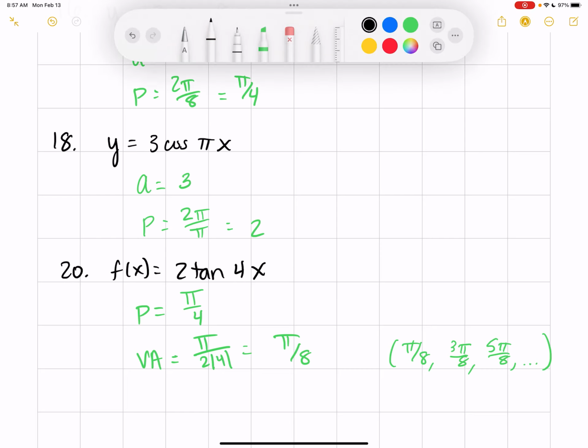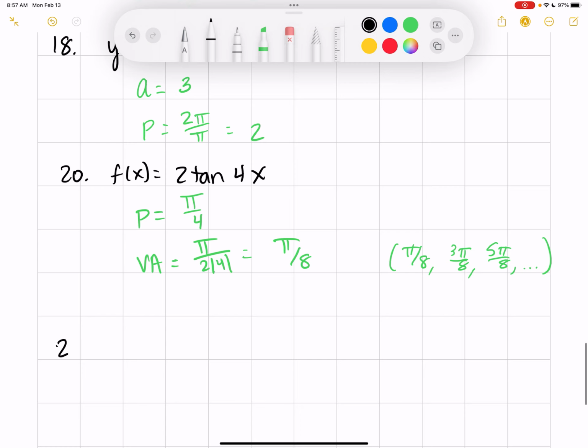And then last one, number 22. f of x is equal to 4 tangent of pi x. So period would be what? Okay, pi over pi, which is 1.